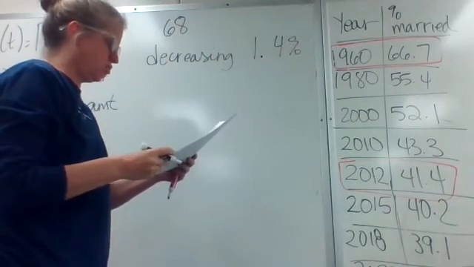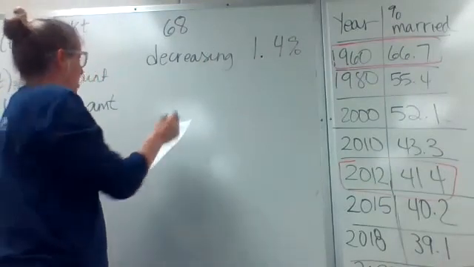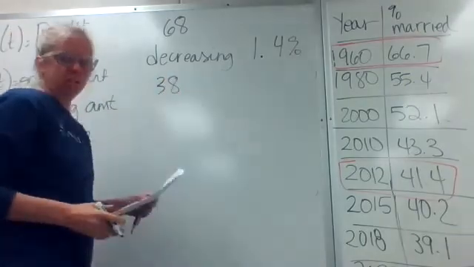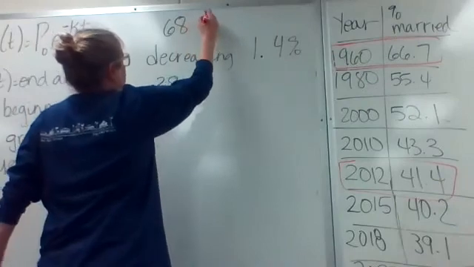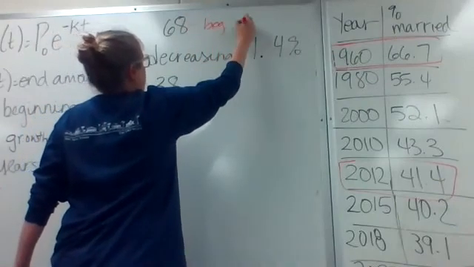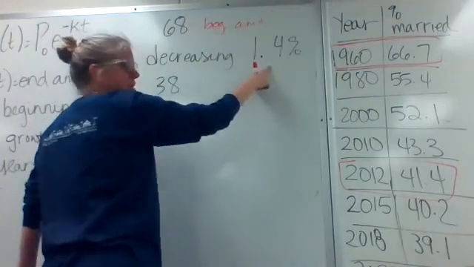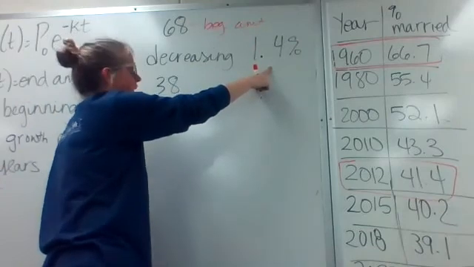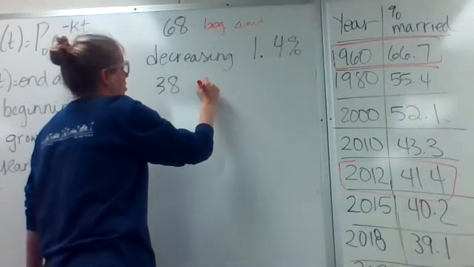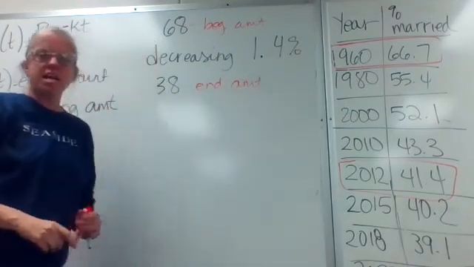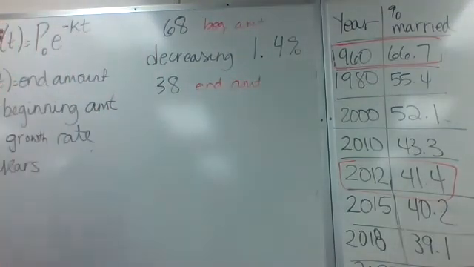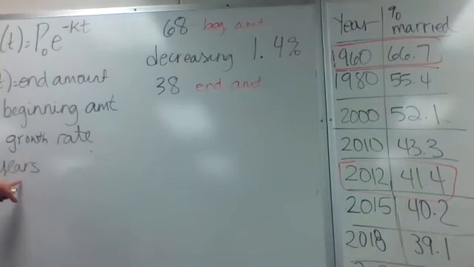How many years will it take for this country to have 38 million cars? So this is what it has now. That's the beginning amount. This is going to be your K, your declining rate. 38 million is your end amount. So it's asking how many years did it take for this to happen? So I'm going to be looking for the T.